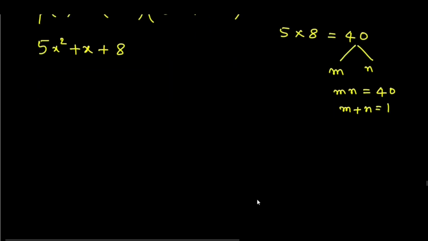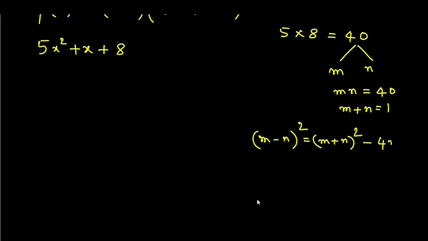Let us find m minus n. m minus n whole square is equal to m plus n whole square minus 4mn. This is 1 square minus 4 into 40.